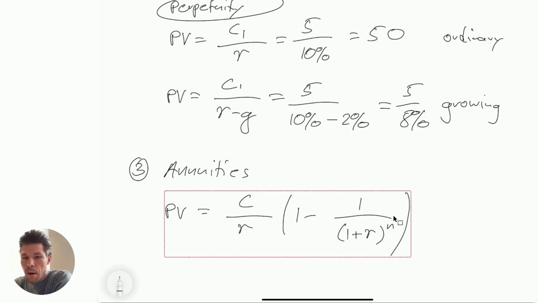The power of n is very important because it depends on how far you go.